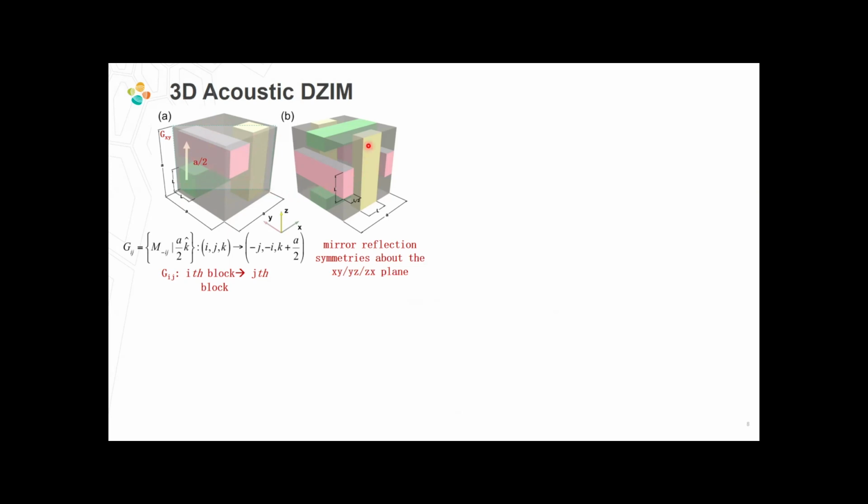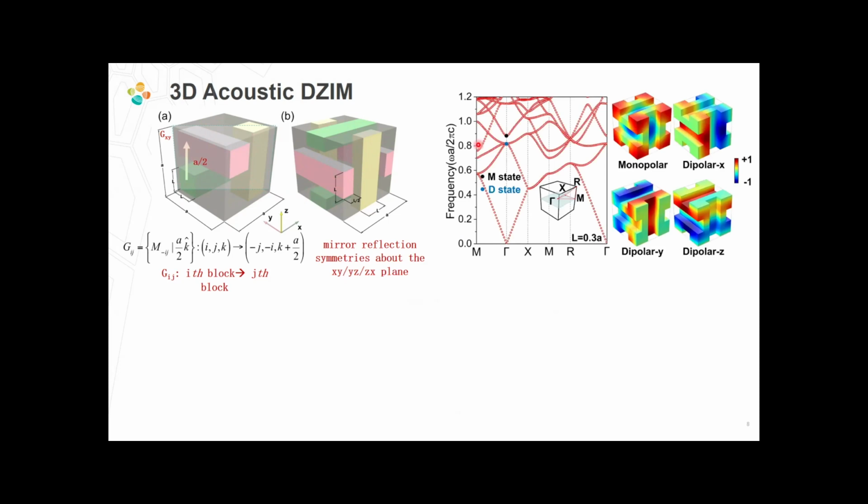For a more symmetric view of the unit, you can consider you have a volume of air in the center connecting to its neighbors. We found such a dispersion relation for a certain geometry. This is a single monopole mode, and this is a triply degenerate dipole mode, and their field distributions are plotted here.